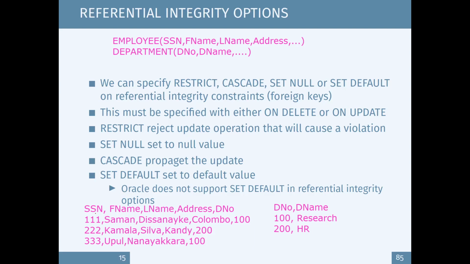But remember, there's a dependency because this 100 is already in other tables. How should the database handle this? So we are going to remove research. What should happen here? We have 100 here, we have 100 here. Yes, I need your response.